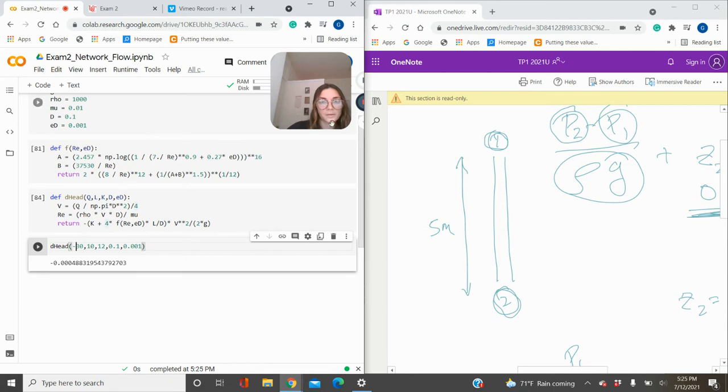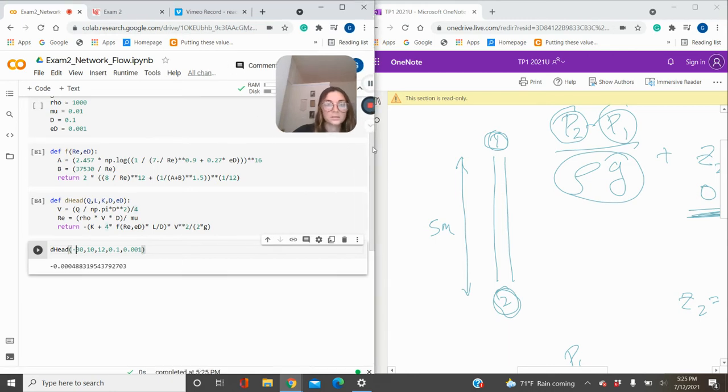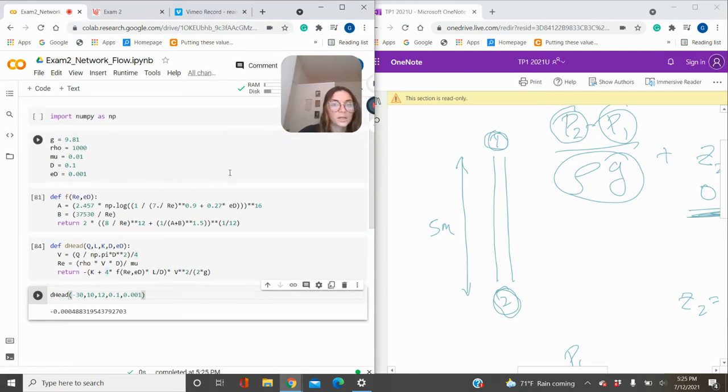And so how we do that is we want to account for a negative flow rate in our volume.